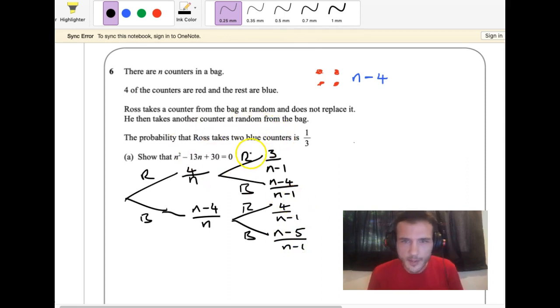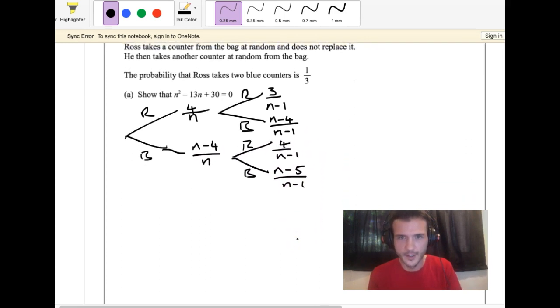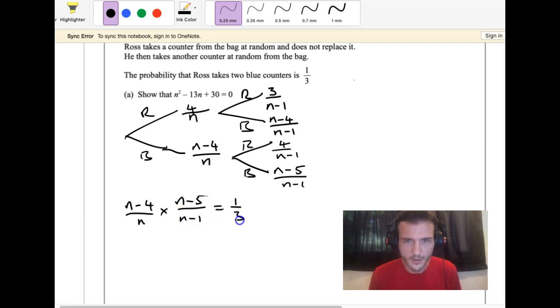The probability of picking 2 blues is n minus 4 over n times n minus 5 over n minus 1, and that will equal 1/3.